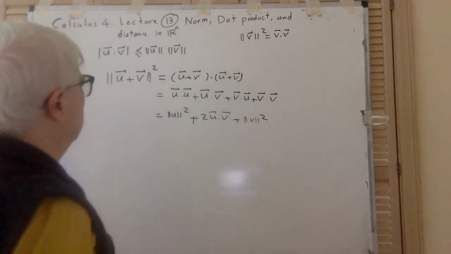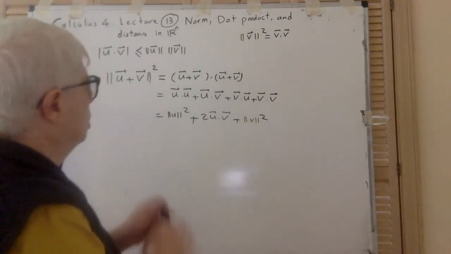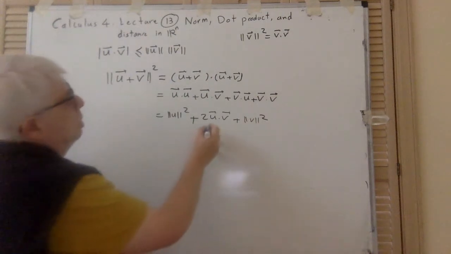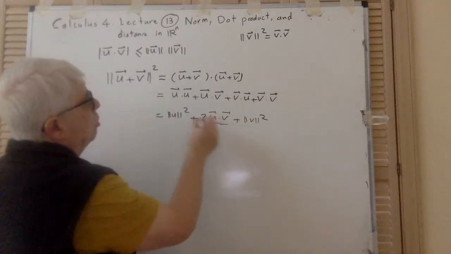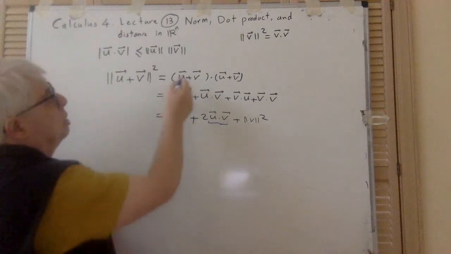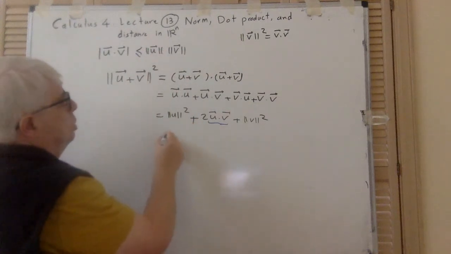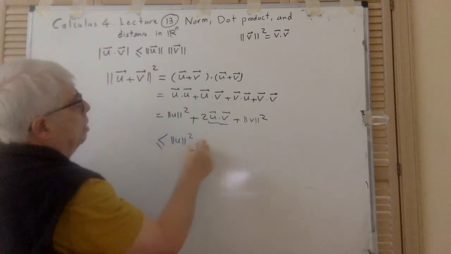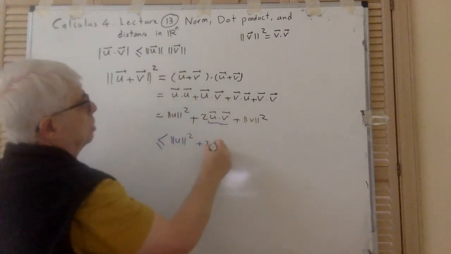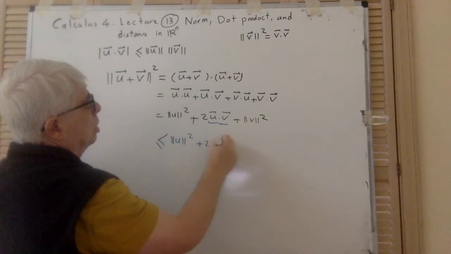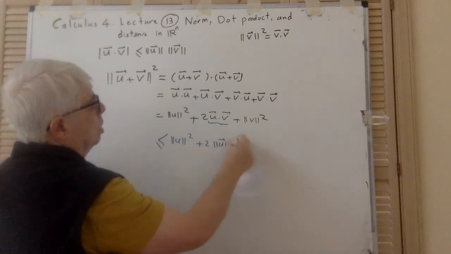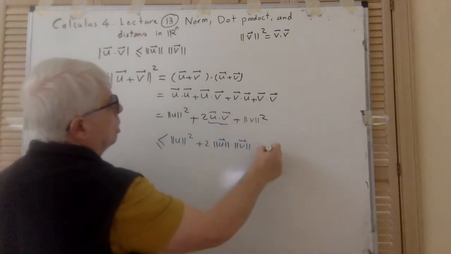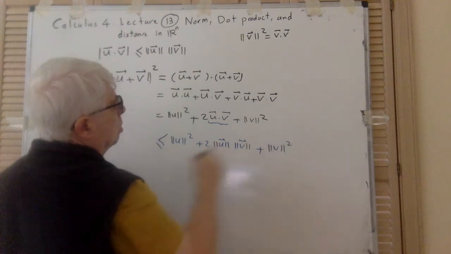Now the Cauchy-Schwarz inequality tells me that this guy here with absolute value is less than this. So this basically is less than, well, this thing doesn't change, 2 times this. And this one doesn't change, right?